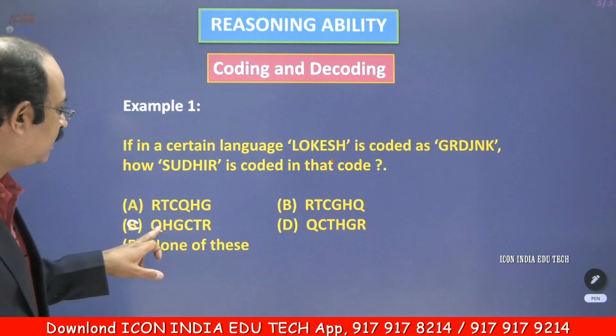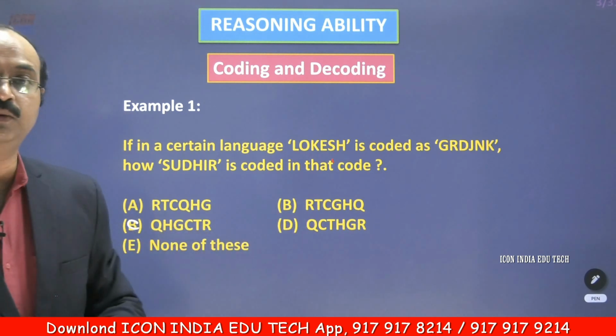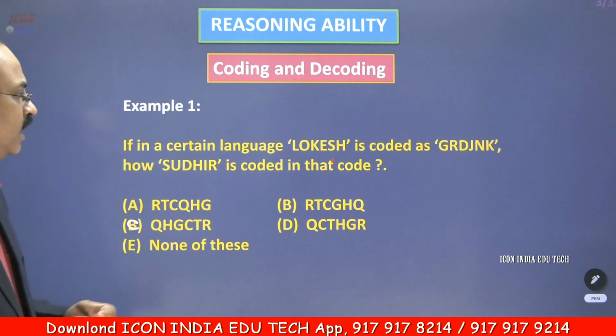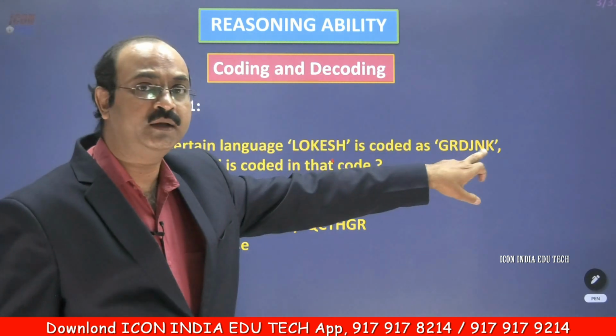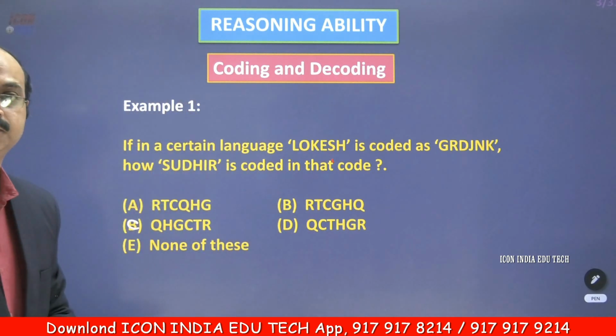So here the alphabets start with Q, and here also Q. Now the point is very important. How this word L-O-K-E-S-H is coded, the same rule will be applied for S-U-D-H-I-R also.